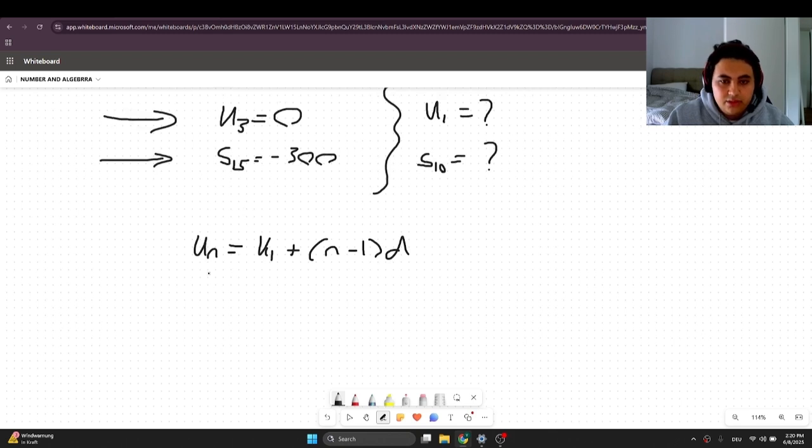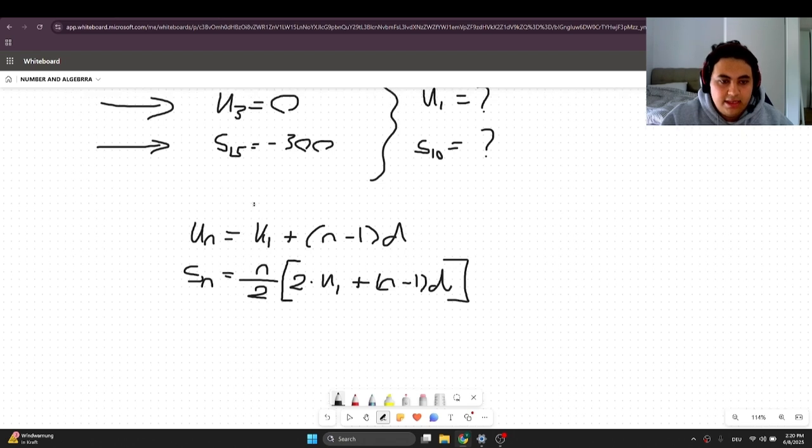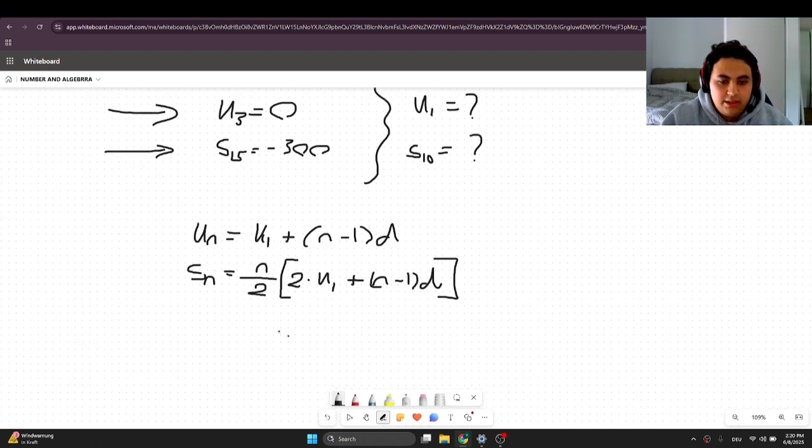And to find a certain sum, you need to say Sn is equal to n divided by 2 times 2 times u1 plus n minus 1 times d, right? So these are the two formulas that we should be using. Okay, so we'll simply take the information that we have over here and plug it into these two formulas, okay?